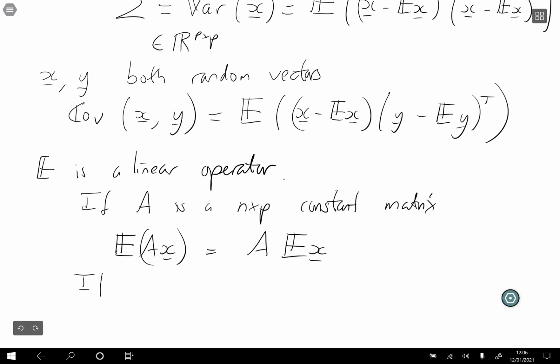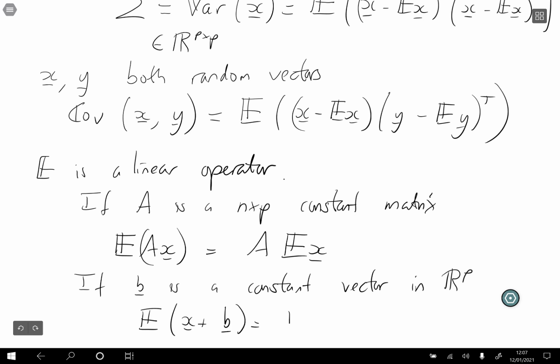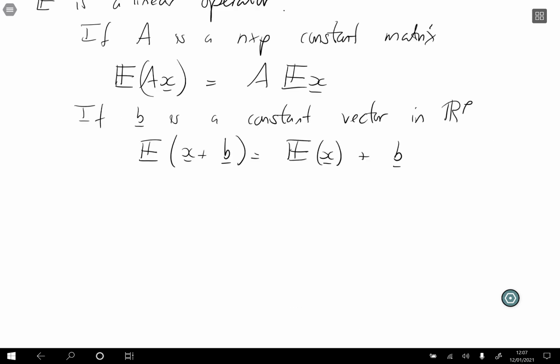Similarly, if b is a constant vector, and I suppose it's in R^p, then the expected value of x plus b is just the expected value of x plus b.